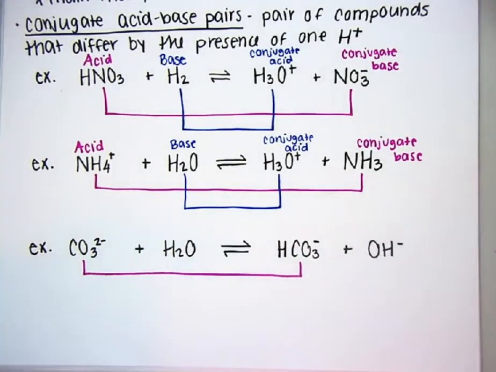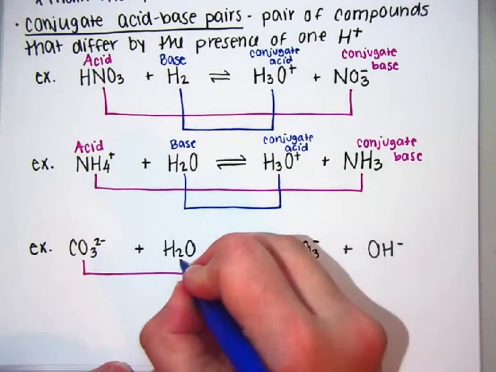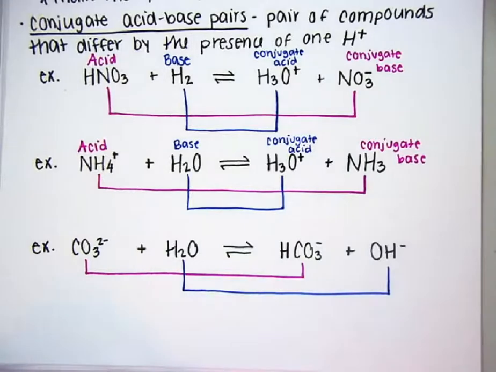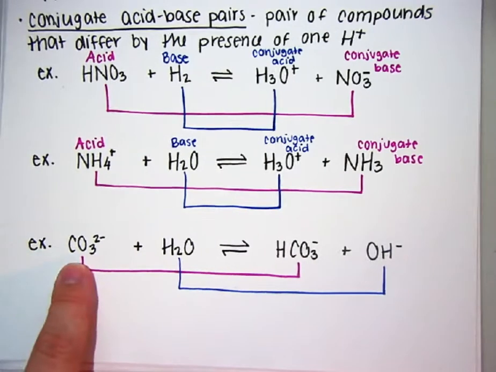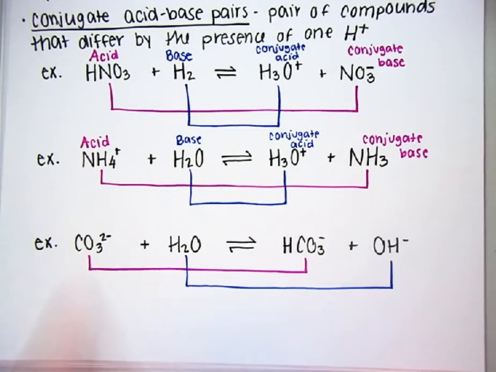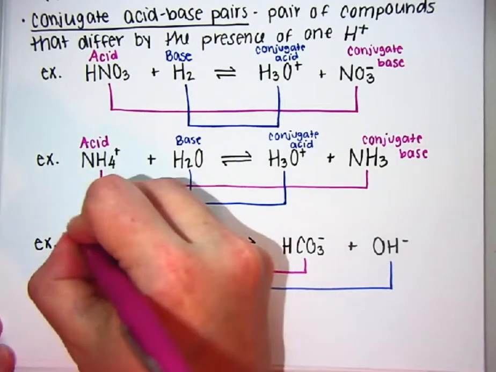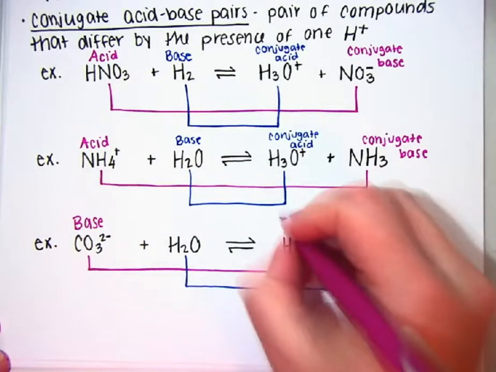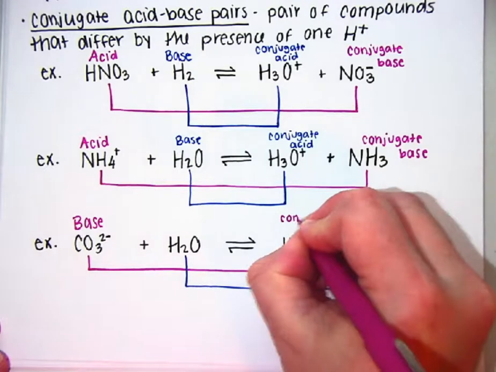H2O, OH differ by one proton. All right, so the carbonate ion, here it has no protons. Here it has one proton. That means carbonate accepted a proton. Carbonate would be the base, and this would be my conjugate acid.